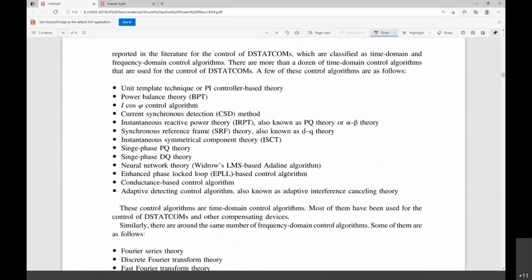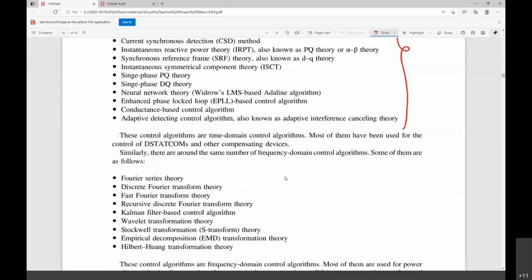These are all the time-domain control algorithms, and the next part is the frequency domain algorithms. But generally, all the control algorithms are going to generate the filter currents IFA star, IFB star and IFC star.